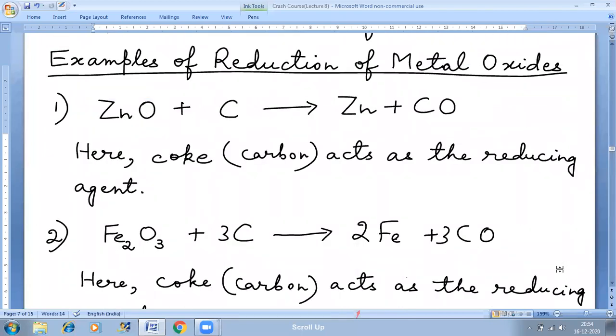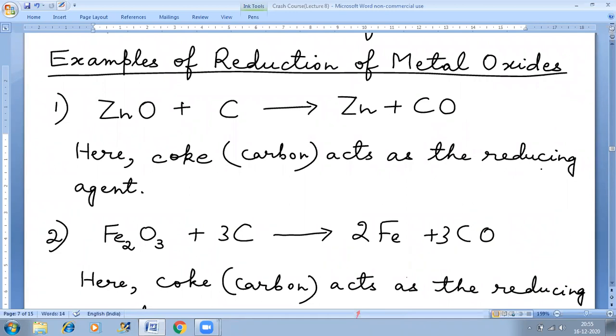4 important examples. In the first one, we had carbon as a reducing agent. What was carbon doing? Carbon was reducing zinc oxide. What was the application for that? Ultimately, zinc was obtained as a metal. So zinc oxide was getting reduced to zinc by carbon.